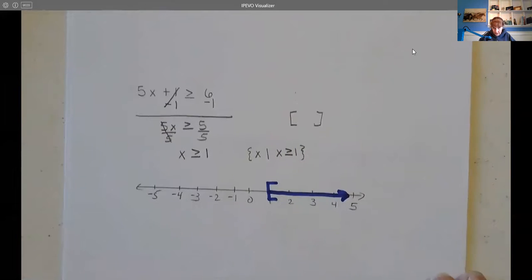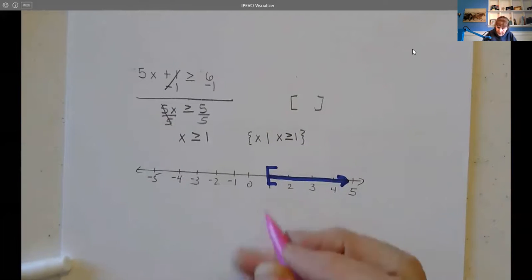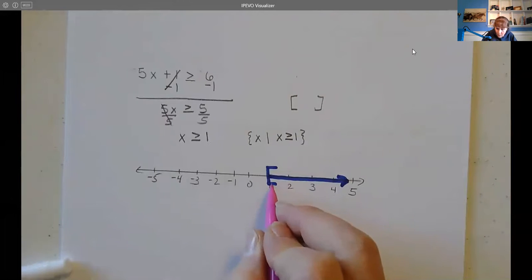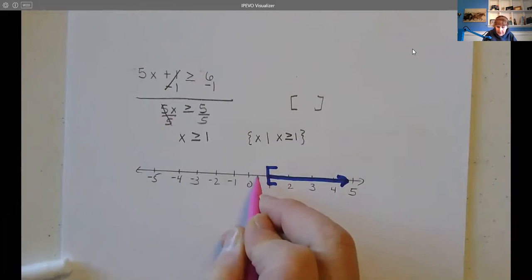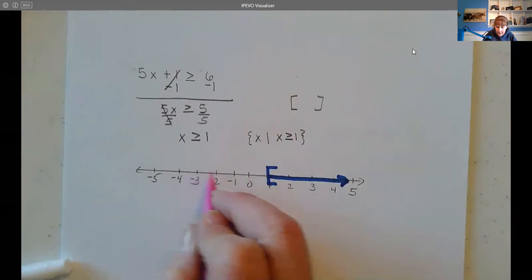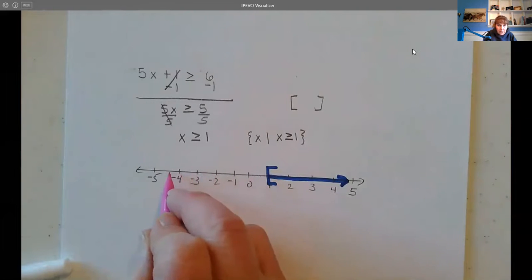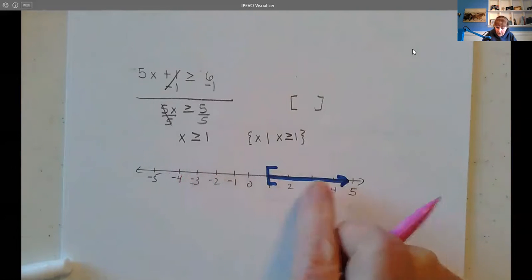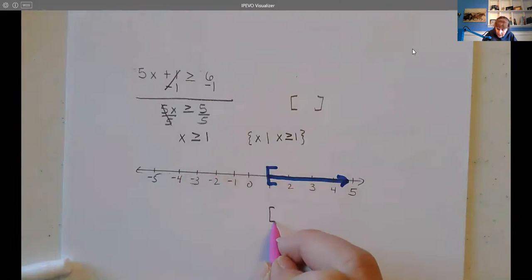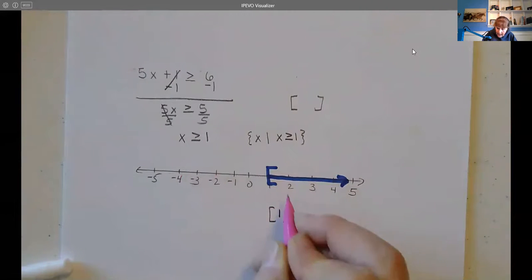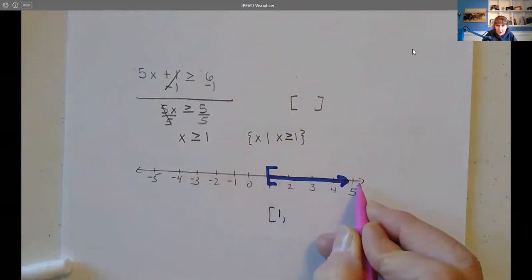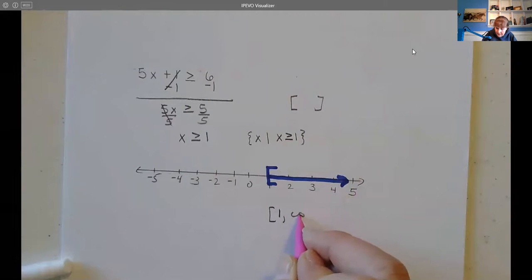Interval notation: the 1 is going to be the smallest solution you can have. You can't have anything smaller than a 1. Nothing over here will work in that equation. It has to be over here. So we start with the 1, and it looks like we'll be going in this direction forever. To the right forever is positive infinity, with a parenthesis always for infinity.